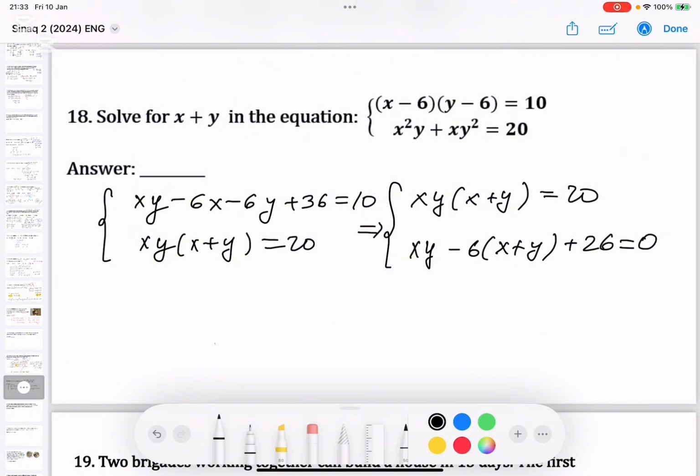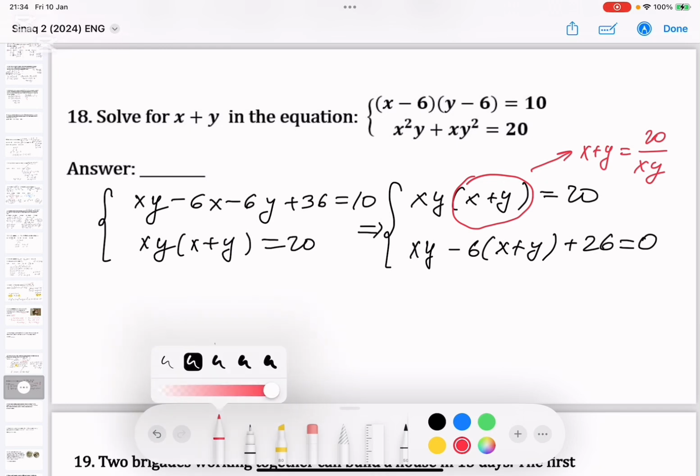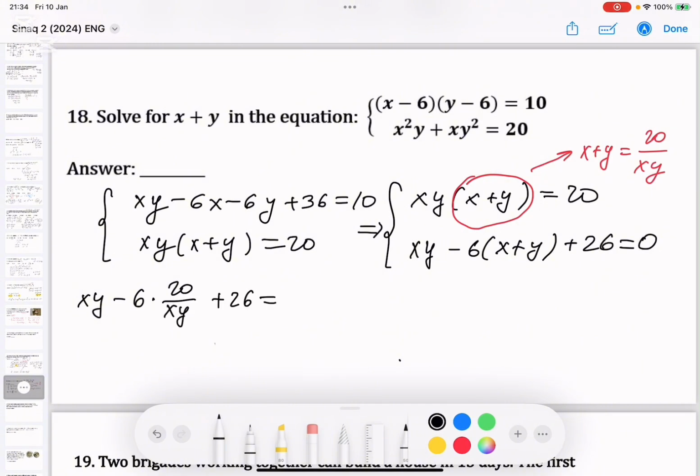Well, now we have to solve this system of equations. We're going to be using the substitution method. I can substitute x plus y: x plus y equals 20 divided by xy. So what we're going to have is xy minus 6 times 20 over xy plus 26 equals 0.